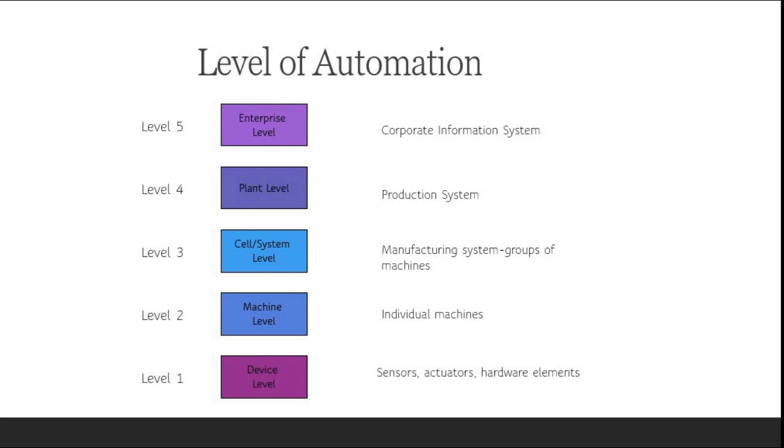So we can see now that there are different levels of automation that can take place in a manufacturing system, and PLC, for example, is the technology at level 2, in which it controls individual machines that are capable of running single or multiple processes, and therefore we automate at the machine level.